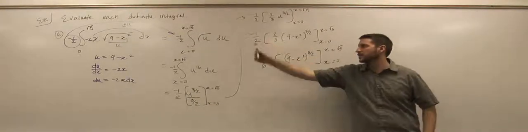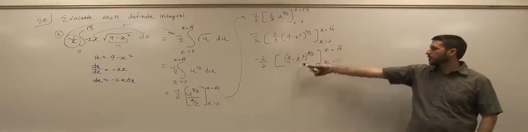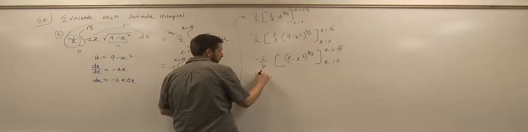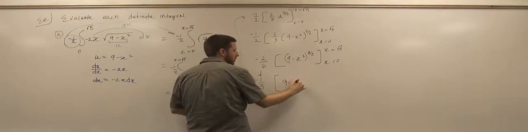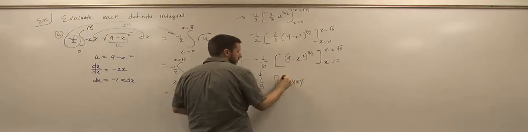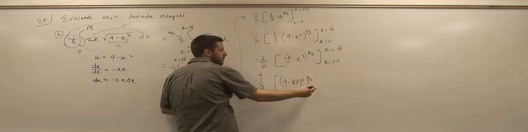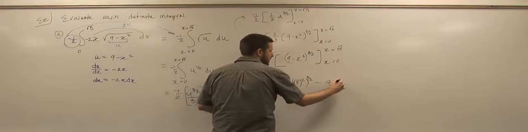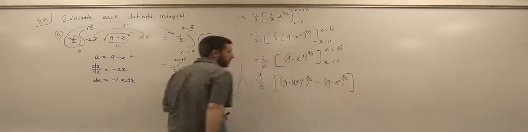I just don't want to have to keep writing those over and over, so I pull them out front. Now I plug in root 5. So this will end up being 9 minus root 5 squared to the 3/2 when I plug in my top limit, minus 9 minus 0 squared to the 3/2 when I plug in my bottom limit.